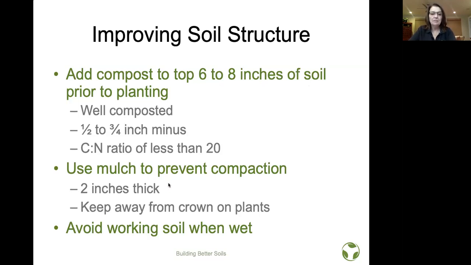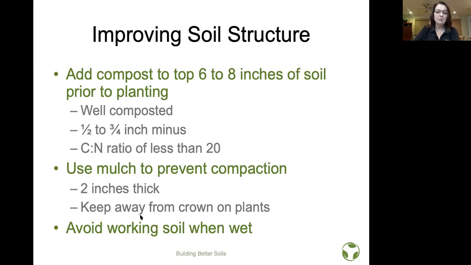So the other thing that you can do to improve soil structure, especially if you have trees, would be to use mulch to prevent compaction. And you need at least 2 inches of mulch to do that. I like to use a composted mulch, because as it breaks down, it will add organic matter, carbon, to the soil, which helps feed those microbes.